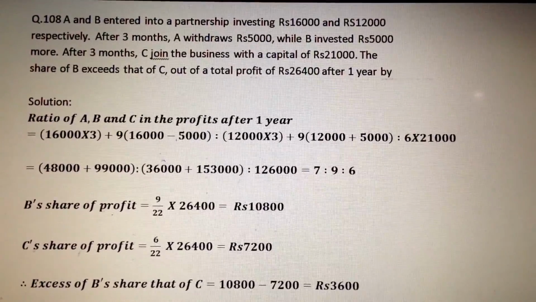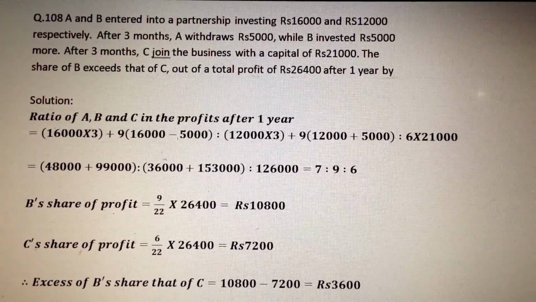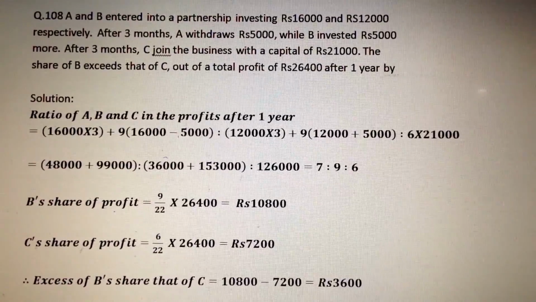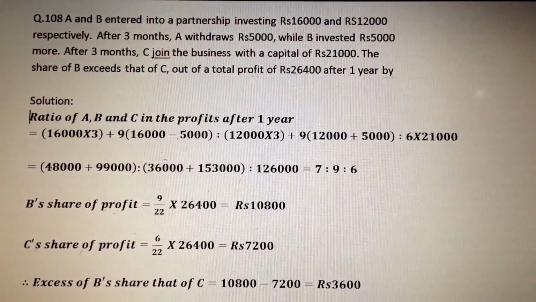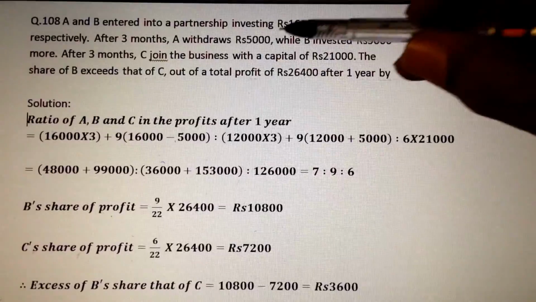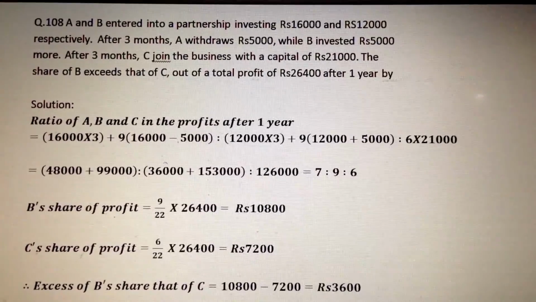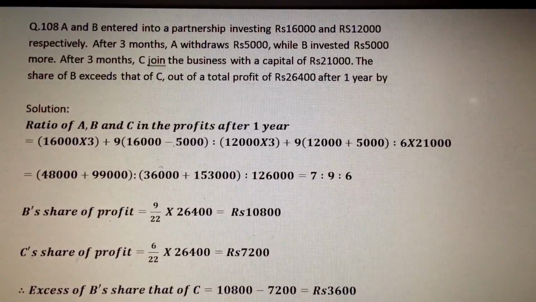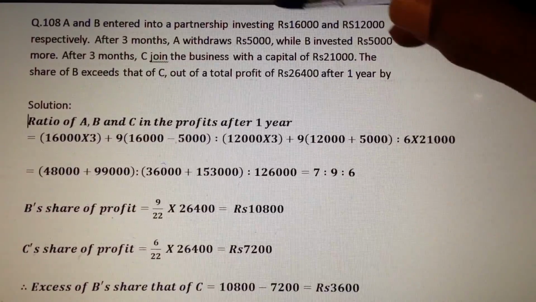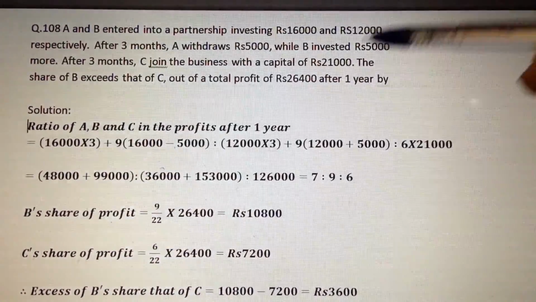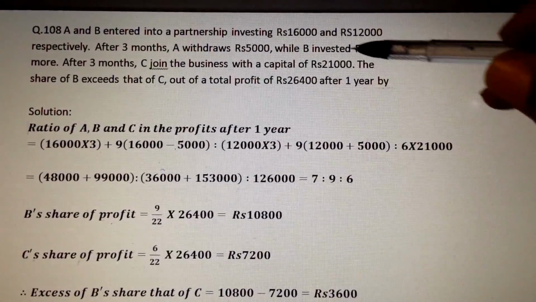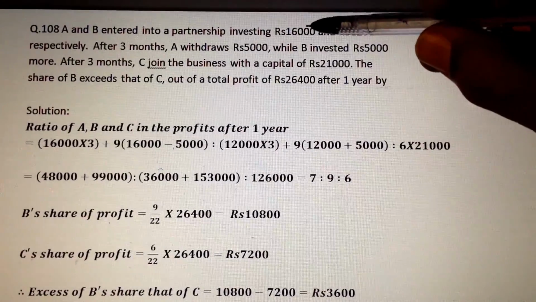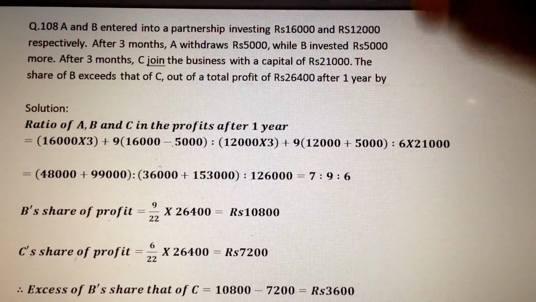Now let us see the investment part. A invested 16,000 rupees initially. After 3 months he withdraws 5,000 rupees. So his total investment is for the first 3 months 16,000 rupees and for the next 9 months 16,000 minus 5,000, which is 11,000.